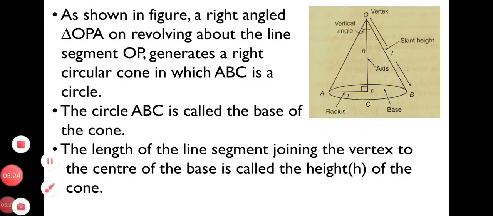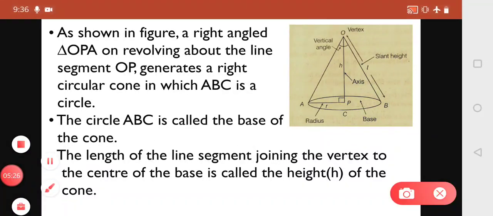Now you can see in the figure that this is the line segment OP. This line segment joins the vertex with the center of the circle, which is the base. So this is called the height, as mentioned.